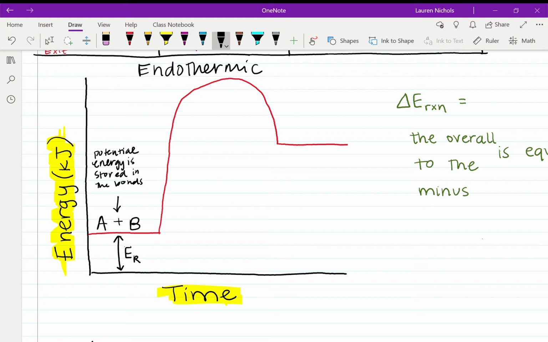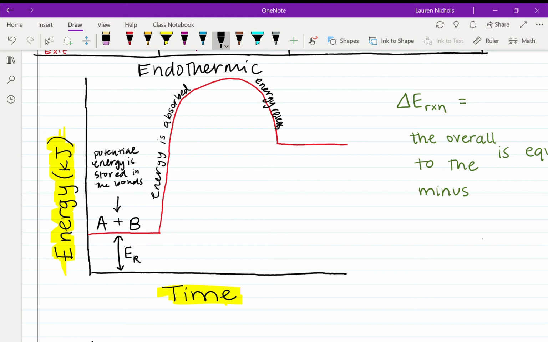Now, what happens, as we see, it starts off and it's flat, and then they start to react, and we see that the energy is going up. This means that energy is being absorbed. Okay, so as it's going up, it's being absorbed. And then we see that a little bit of energy is released here. It starts to go down again.